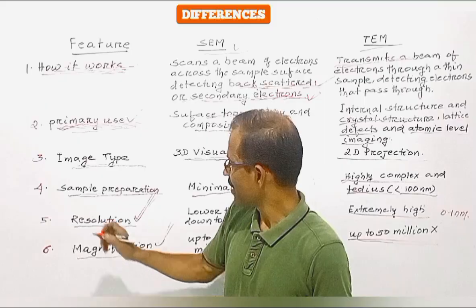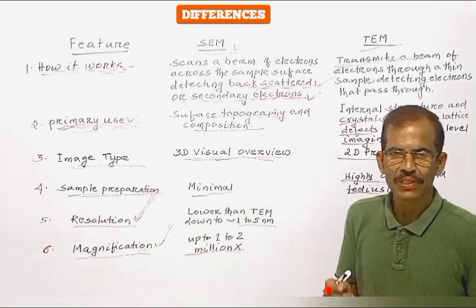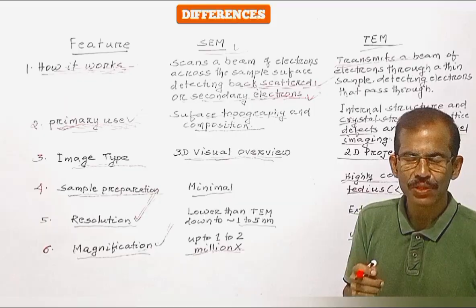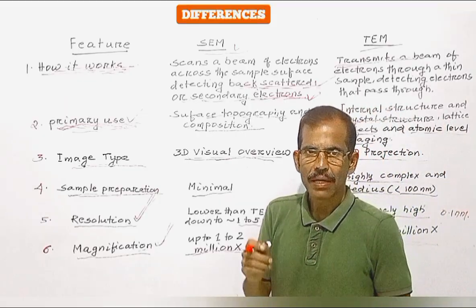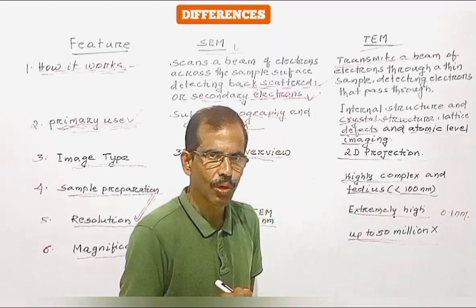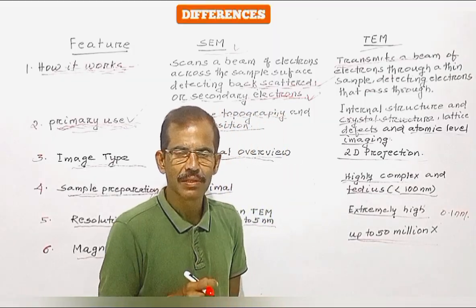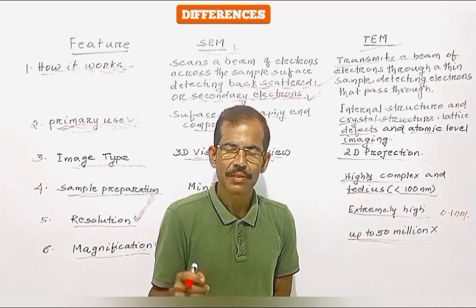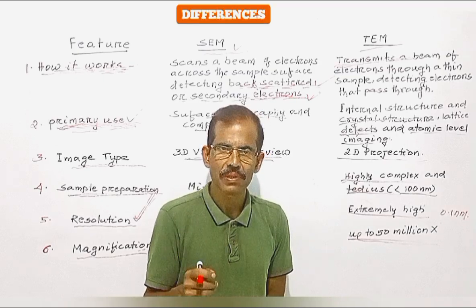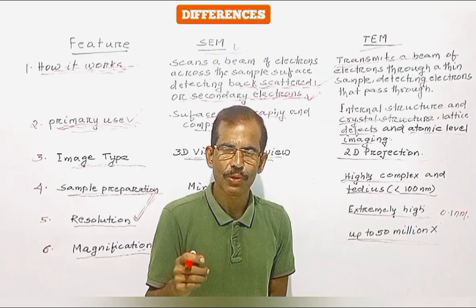Number four, sample preparation. For SEM, sample preparation is minimal. By contrast, in case of transmission electron microscope, sample preparation is highly complex. In this case, different types of samples are cut into ultra-thin sections by ultramicrotome.